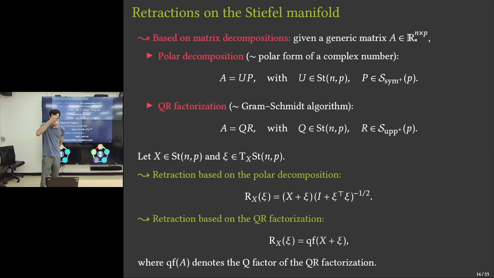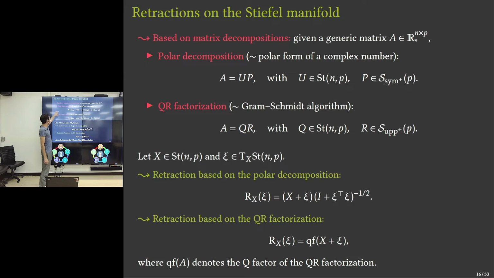For the Stiefel manifold, as I said, retractions are usually based on matrix decompositions. Given a generic matrix in the embedding space, in this case a matrix of size n times p and of full rank, which is notation often used in numerical analysis for full rank matrices, we have two main matrix decompositions that are used.